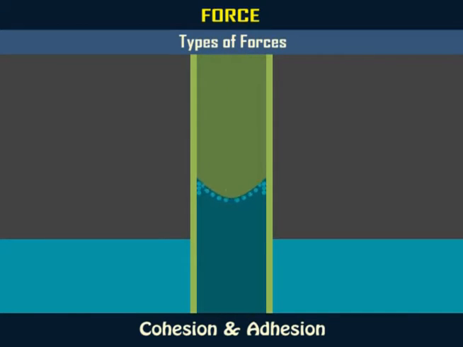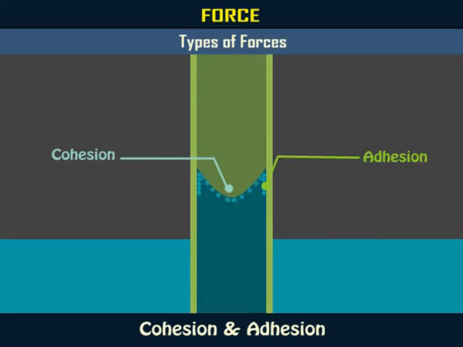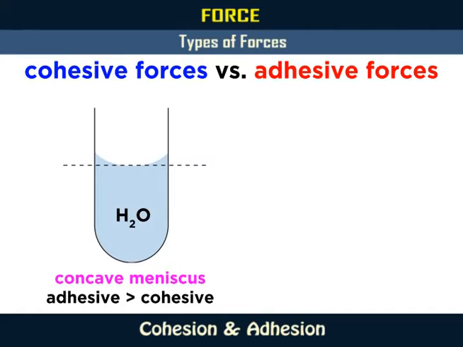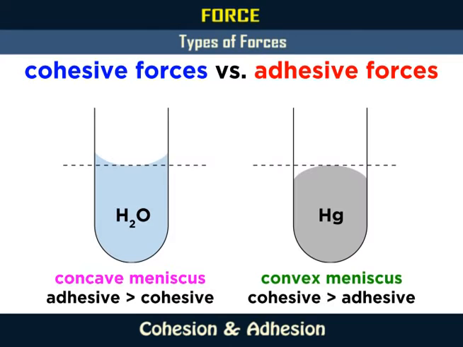The liquid molecules stick to each other and also to the wall of the capillary tube. When the cohesive force is less than the adhesive force, the liquid forms a concave meniscus, for example in water. And when the cohesive force is greater than the adhesive force, the liquid forms a convex meniscus, like in mercury.